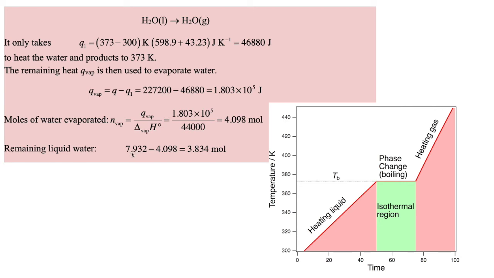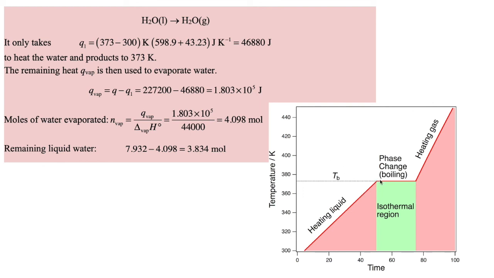So if we take 7.932 moles of water that we have available in the system and we boil off 4.098 moles, that will leave 3.834 moles of water that remain as liquid water. And at the end of the reaction, you're going to have liquid water in equilibrium with its vapor.